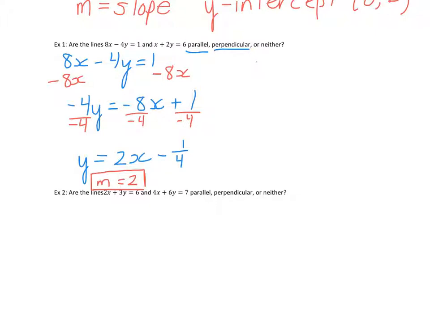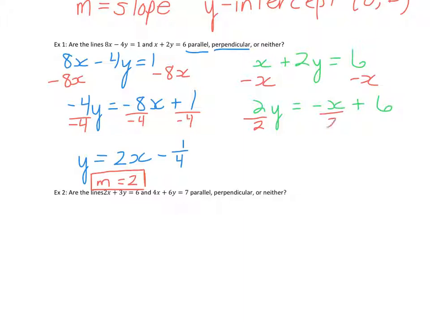Let's do x plus 2y equals 6. We're going to solve for y again. Anything that's not a y is going to go to the other side. I'm going to write the x's first, so I put it in that mx plus b form. Divide both sides by 2. After we distribute, it's like dividing all terms by 2.